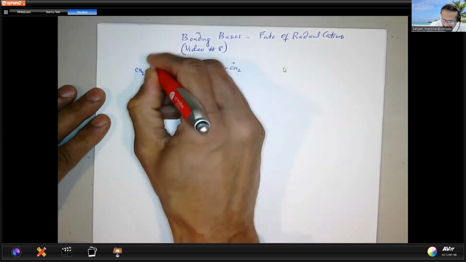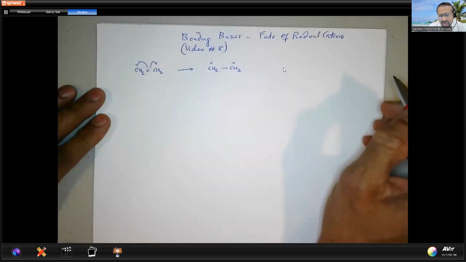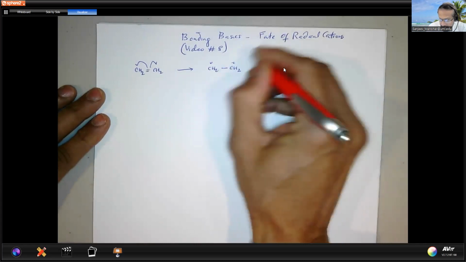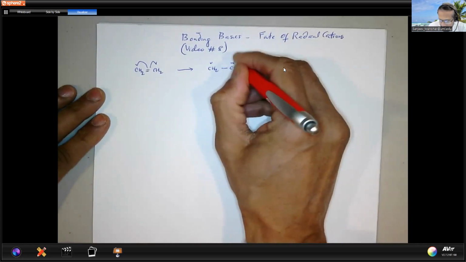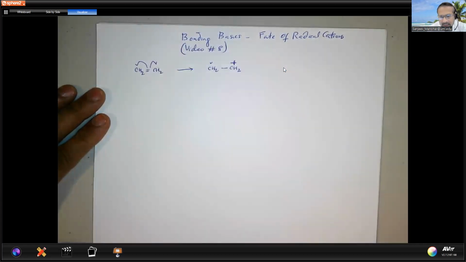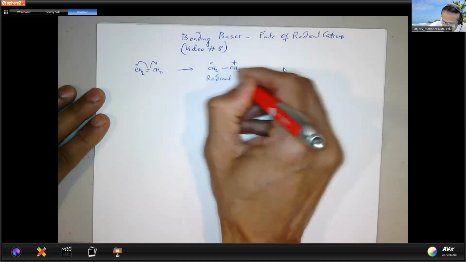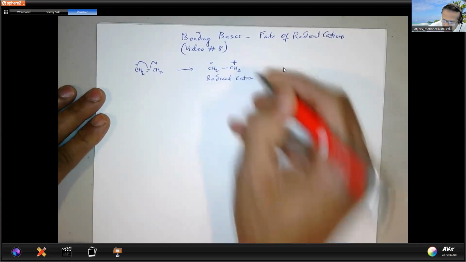This is the homolytic cleavage that I was mentioning previously. This is the diradical, which then gets oxidized, losing an electron to give you the radical cation, right?